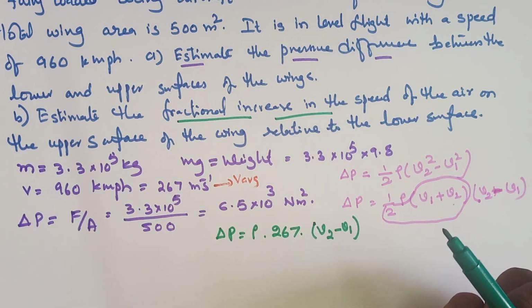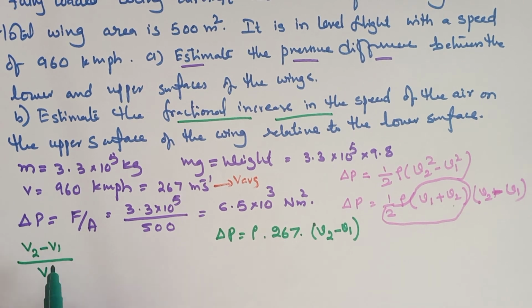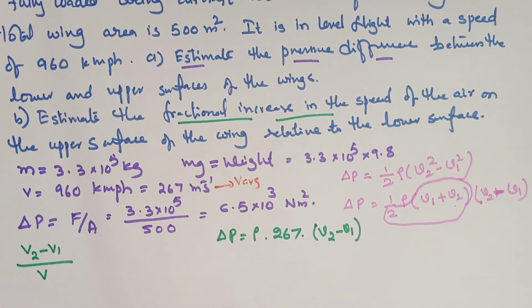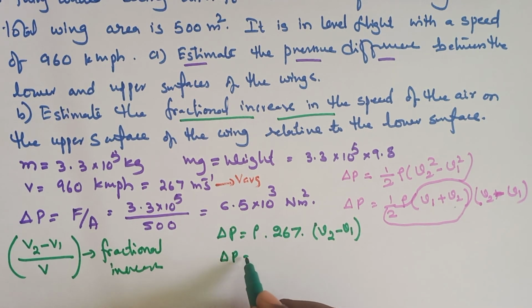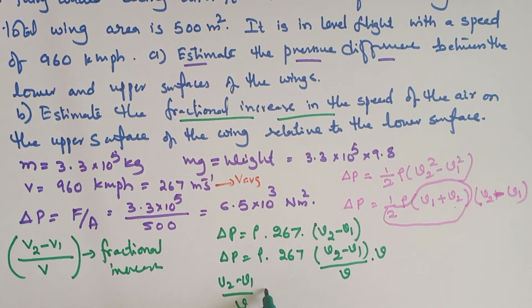What is the fractional increase in speed? It is V2 minus V1 by V. So delta P is equal to rho into 267 into V2 minus V1 by V into V. If I want V2 minus V1 by V, it is delta P divided by rho into 267 into V. Substitute, of course, V is also 267.